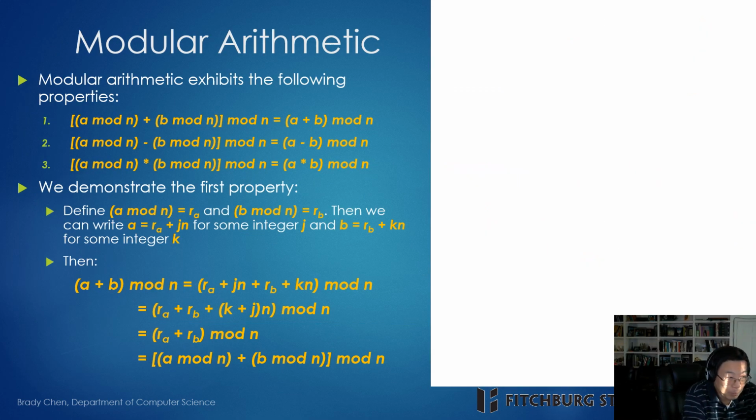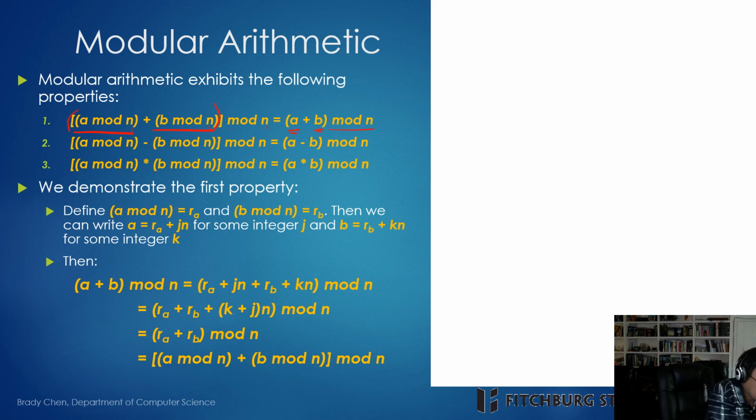Now here are some more properties of modular arithmetic. Property number 1: A mod n plus B mod n, and the whole thing mod n, equals A plus B mod n.